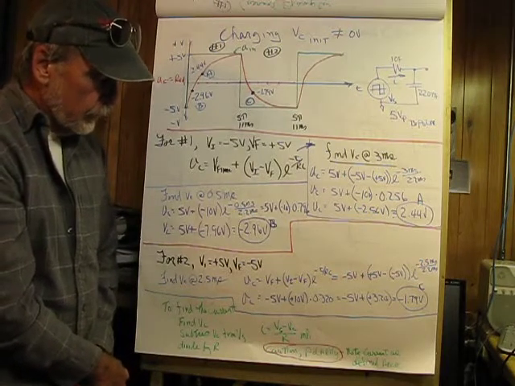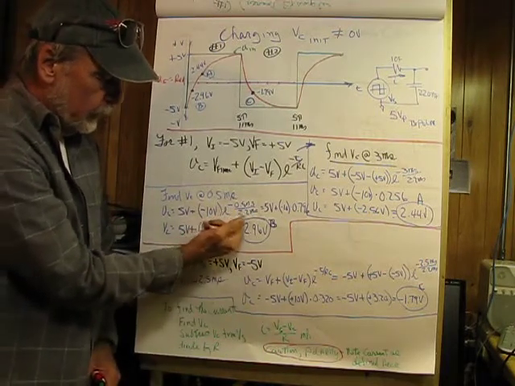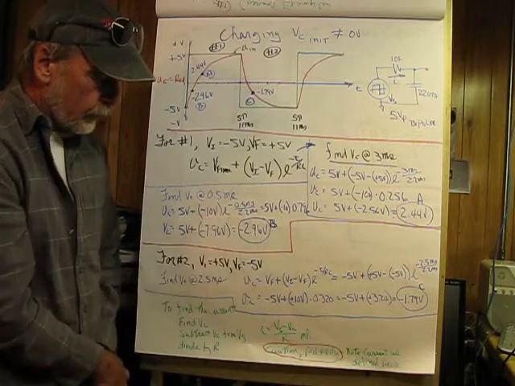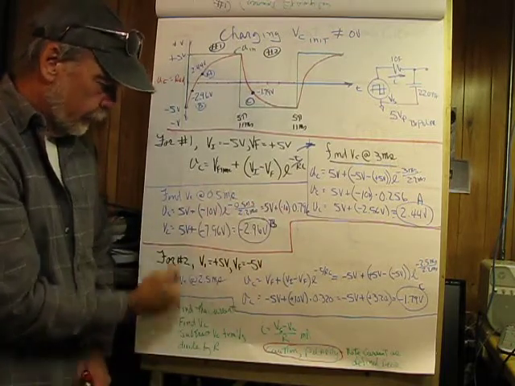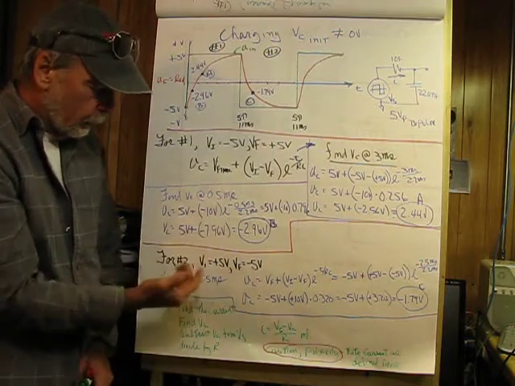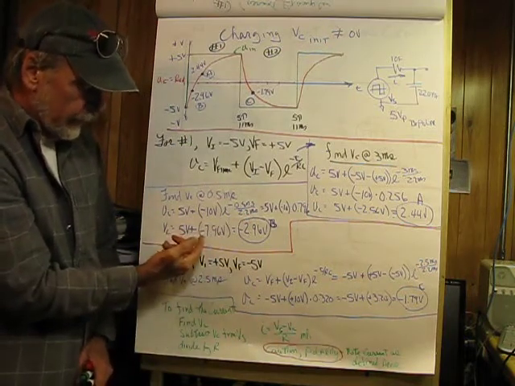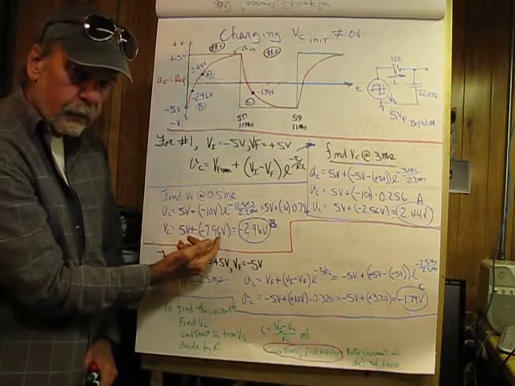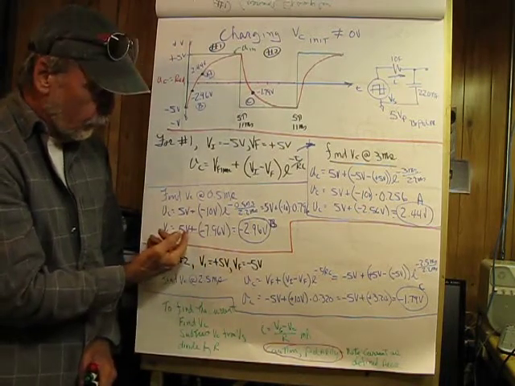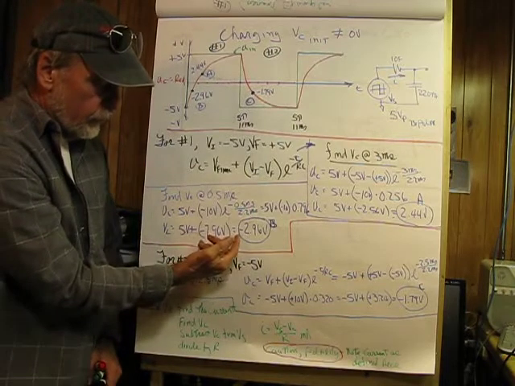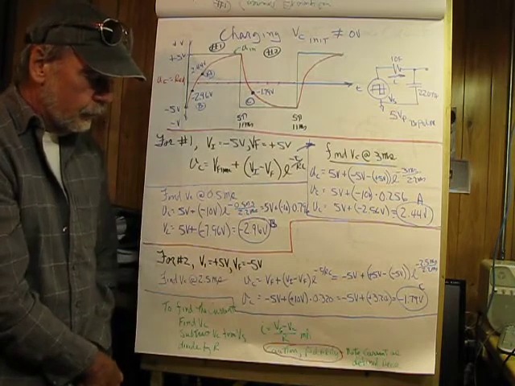0.796. So that's going to be e raised to this value here. Doing the multiply operation first and then adding in 5 volts, the multiply operation will give us a negative 7.96 volts. And then by the order of operations, we're going to add 5 volts to that, which gives us negative 2.96 volts.